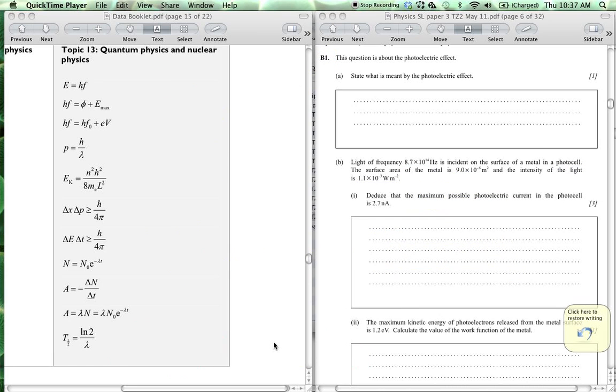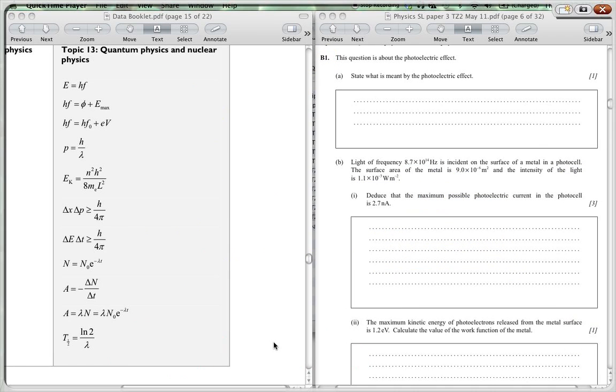The last question here: the maximum kinetic energy of the photoelectrons released from the metal surface is 1.2 eV. Calculate the value of the work function of the metal. Now, we know the energy coming in, so we're going to be using this formula.